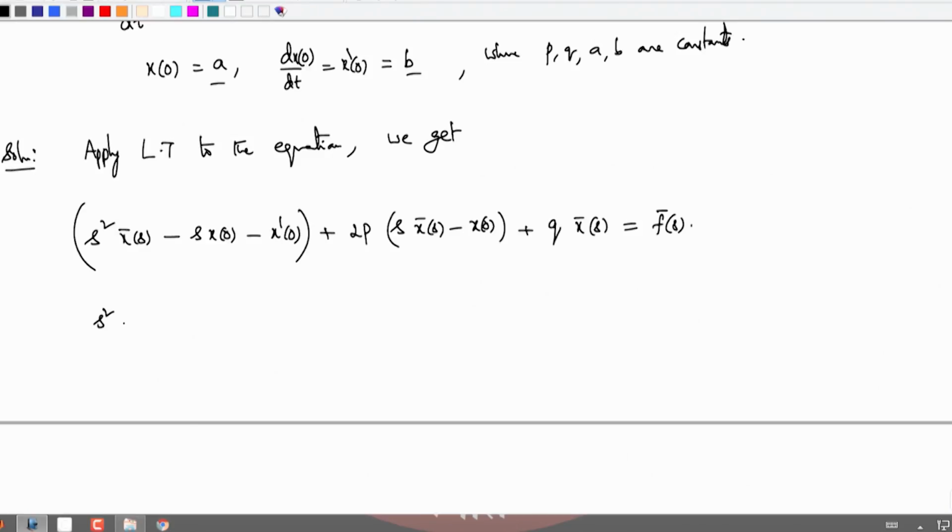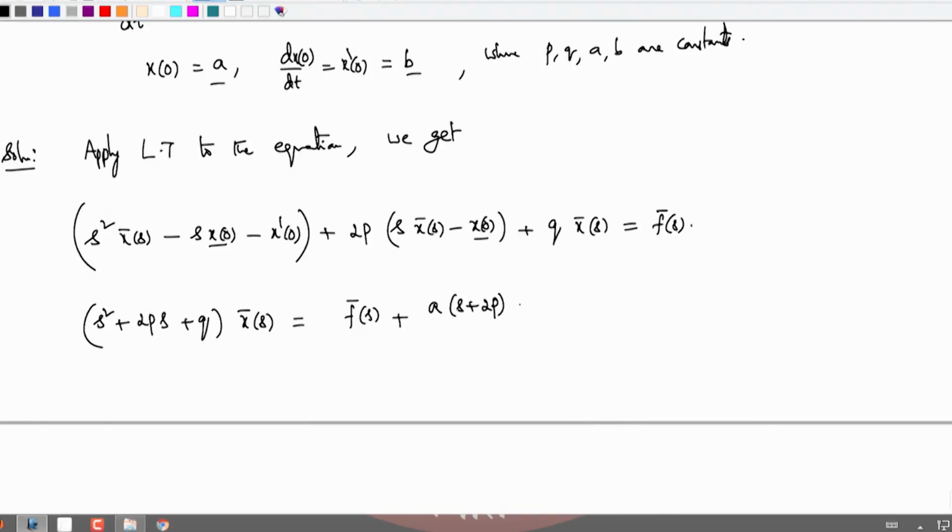So, you have s square; collect the coefficients of x bar. You get s square plus 2p s plus q, times x bar of s, is equal to f bar of s plus, bringing to the right hand side, s times the coefficient of x of 0, that is a, so a times s plus 2p, and the other one is x dash of 0, that is b.